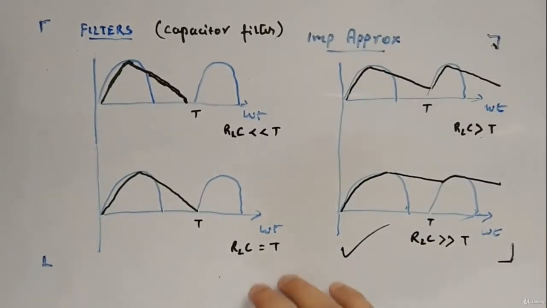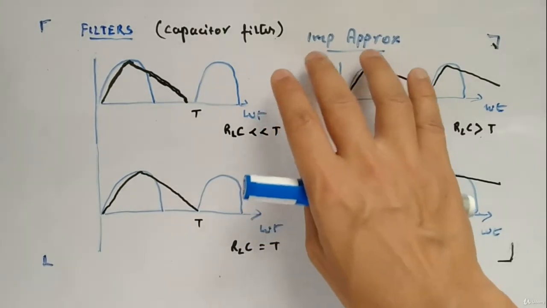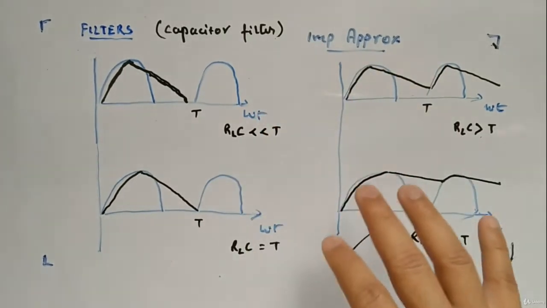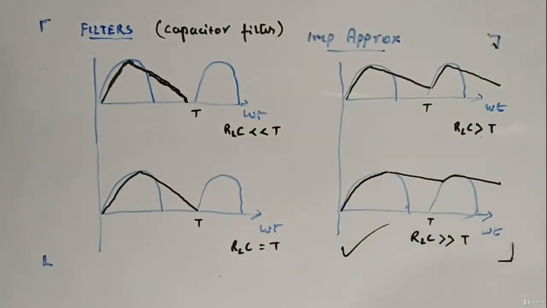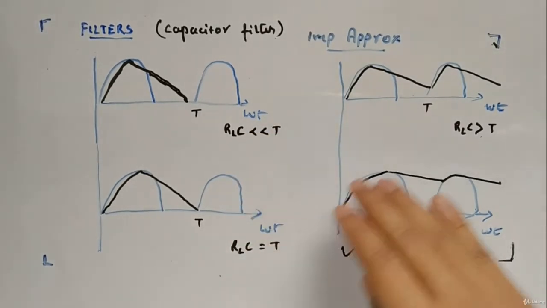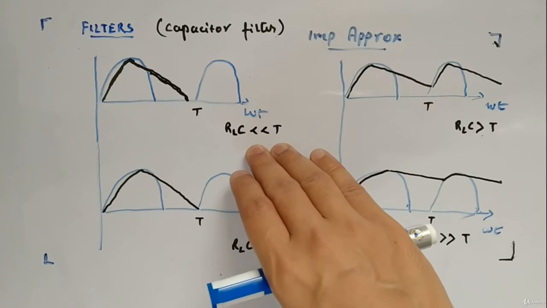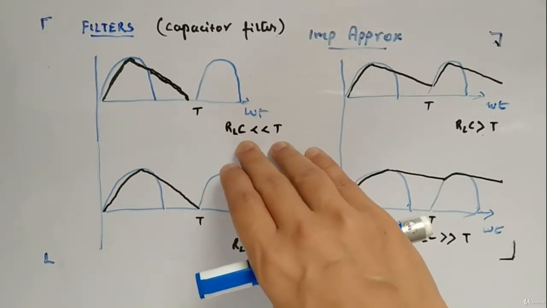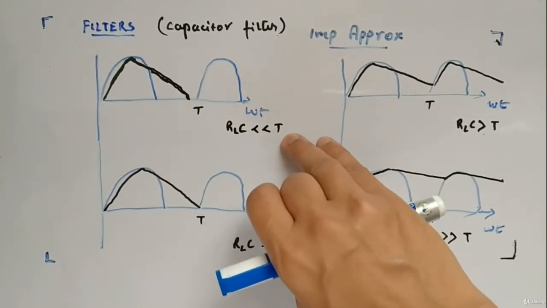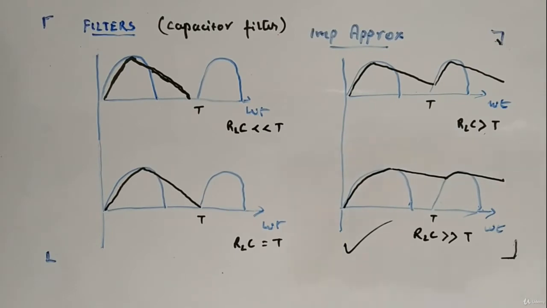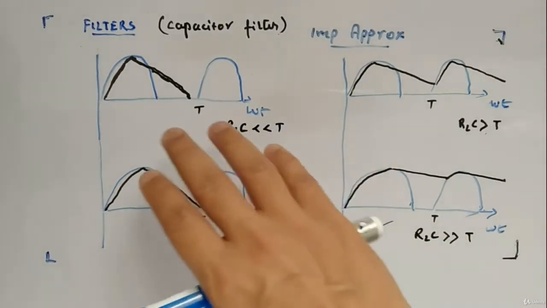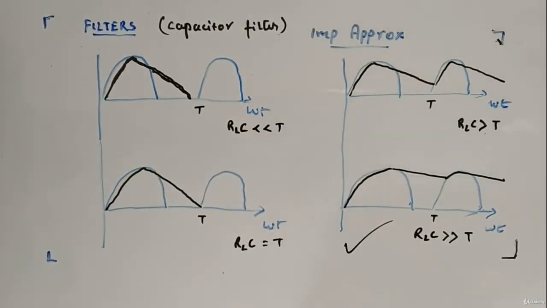Let's look at an important approximation during these capacitor filter curves. I've made 4 curves. Here you can see one condition, RL into C, that is the time constant, is very very less than the input time period, or the diode output's time period, both are the same.